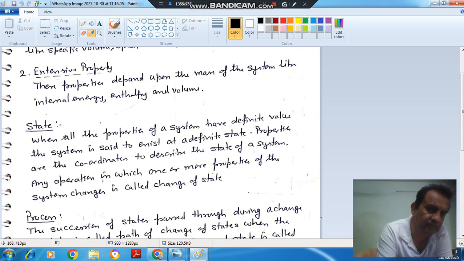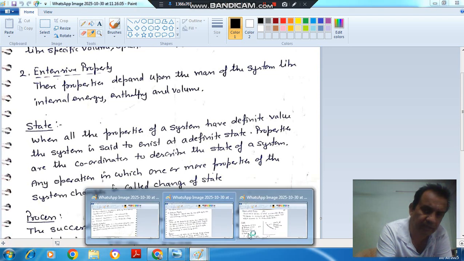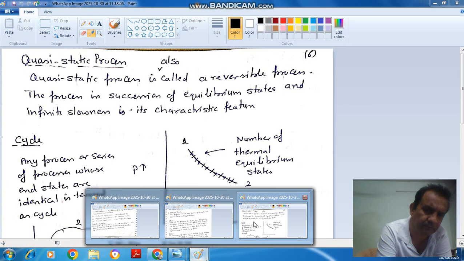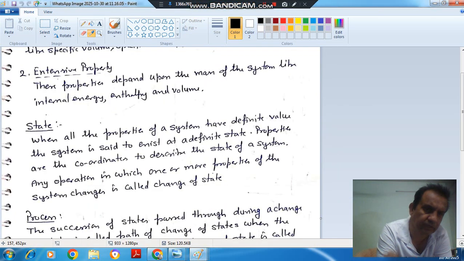The next definition is state. State is any point, this is a state, this is a state, this is a state. This is related to property, so that's why we are covering it here. When all the properties of a system have definite values, the system is said to exist at a definite state.